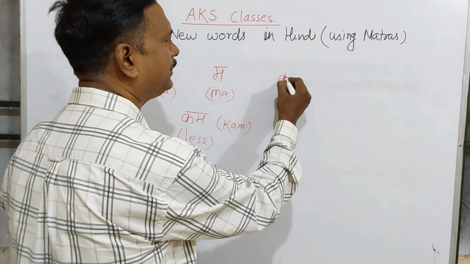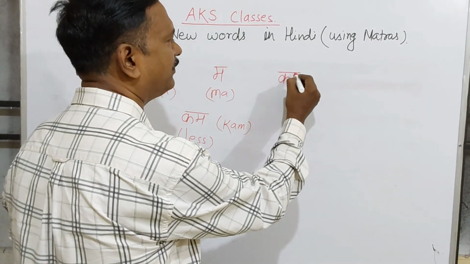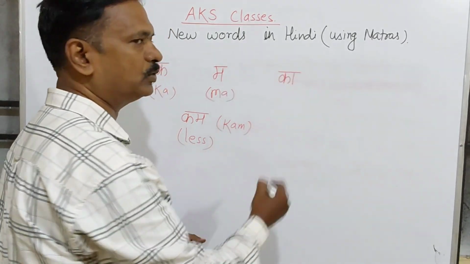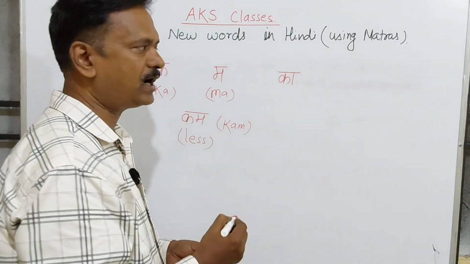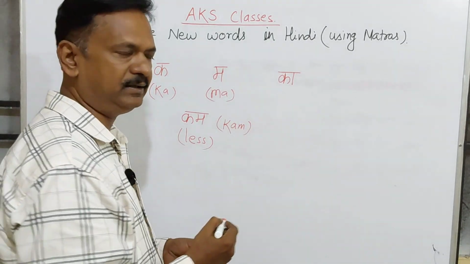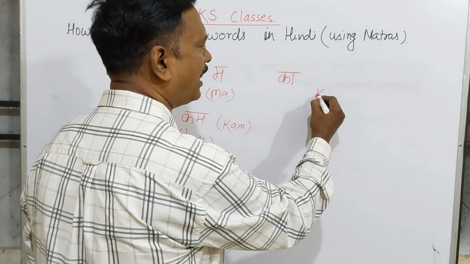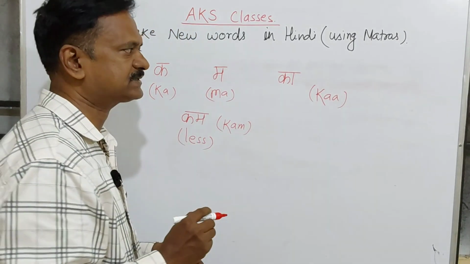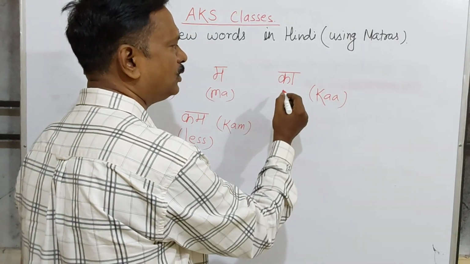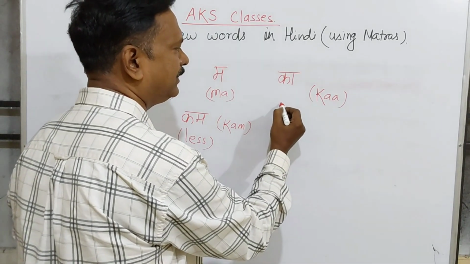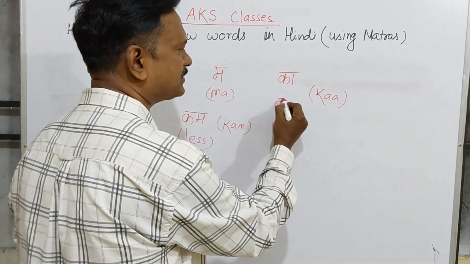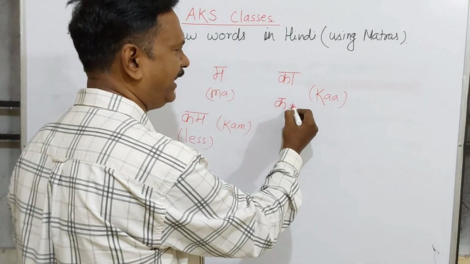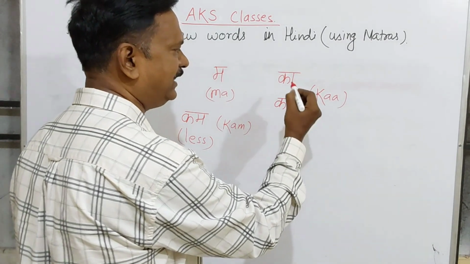if I put an extra vowel sound, that is a sound, with this consonant, it becomes ka. That is a larger a sound. So, what I have done, after writing this consonant, I have added a straight line.